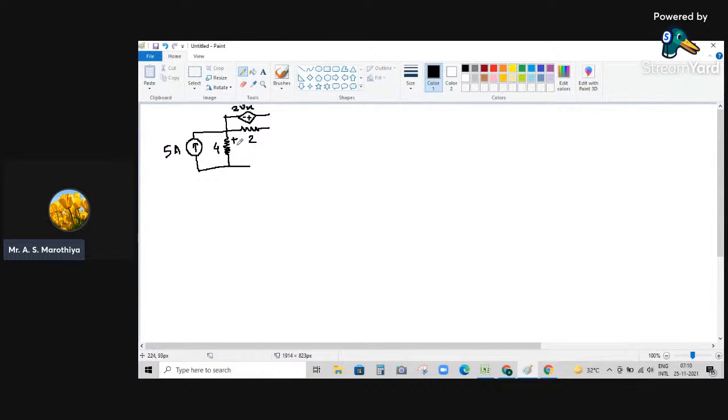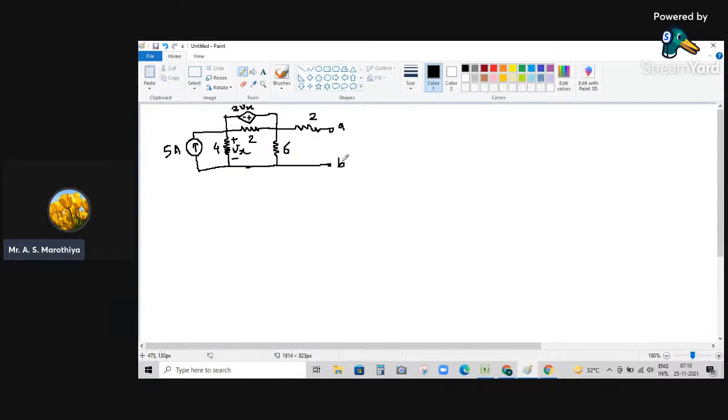Vx is the voltage across this 4 ohm resistor with this polarity plus minus. So this is given to us, and then the circuit continues like this. Here we have again a 6 ohm resistor, and then here we have one more resistor of value 2 ohm.